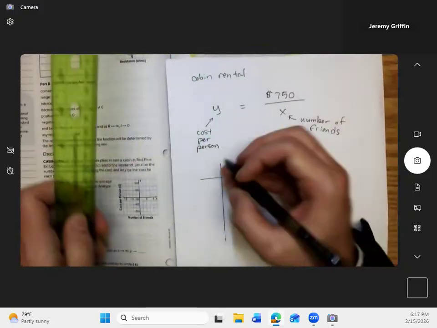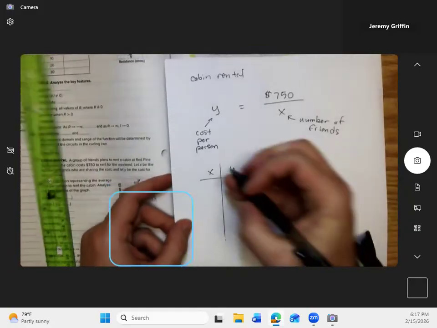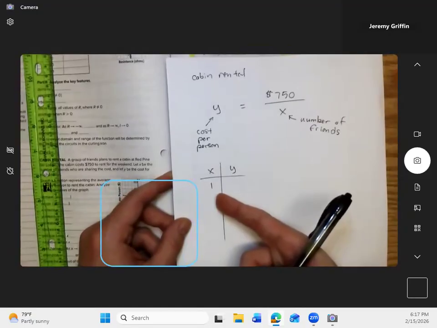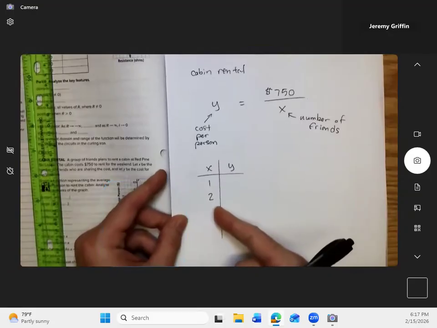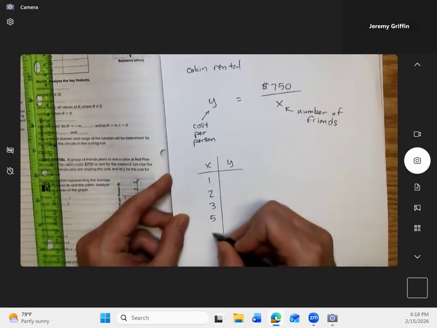Let's make a little table to back up what I'm saying: X friends and Y cost. What if one guy shows up? What if two friends show up, three friends, five friends, 10 friends?